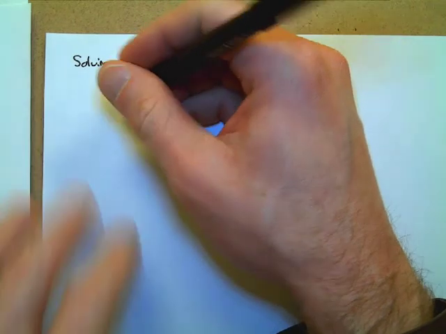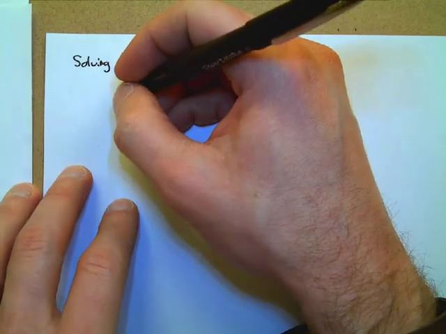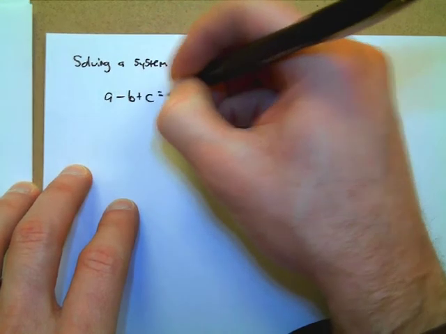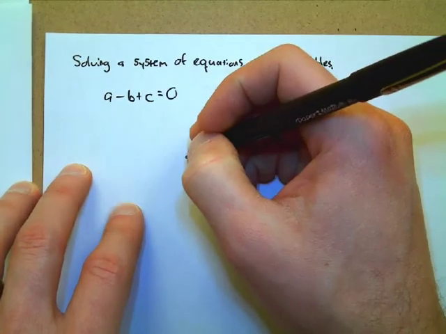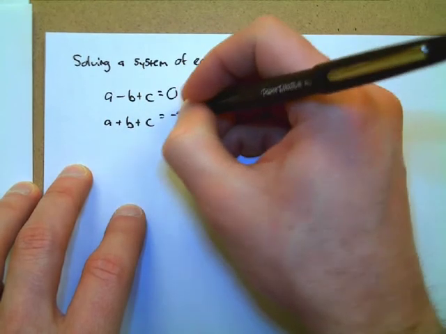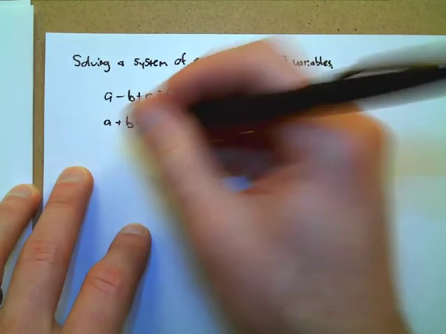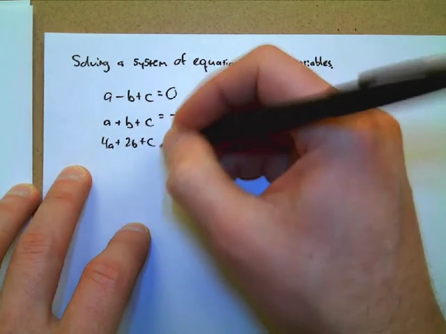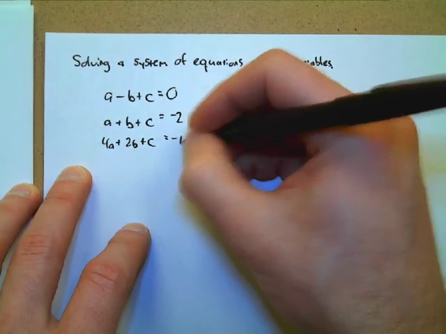So say we have a minus b plus c equals 0. A plus b plus c is equal to negative 2. And 4a plus 2b plus c is equal to negative 15.